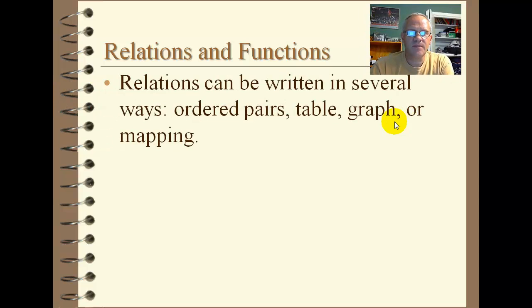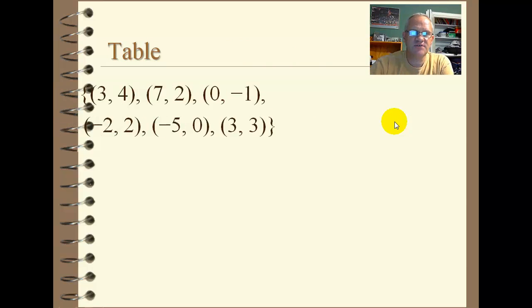All right, just to review a little bit, relations can be written in several different ways. Ordered pairs, which we just looked at. They can be written as a table, a graph, or a mapping. So I just wanted to briefly go through those to remind you what those are like. First of all, a table.